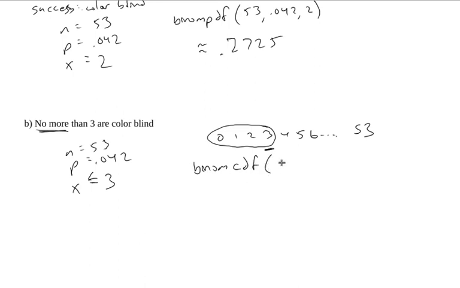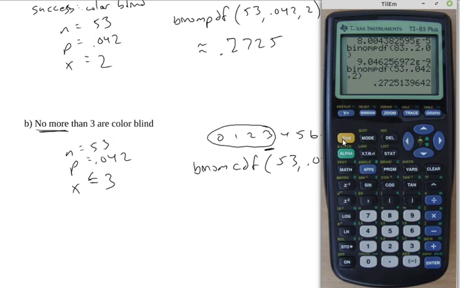So the binomial CDF, 53, 0.042, 3. The probability that no more than 3 are colorblind is 0.8176.